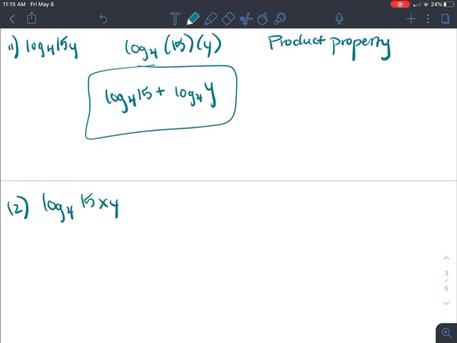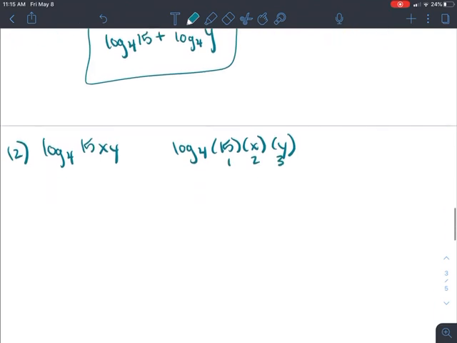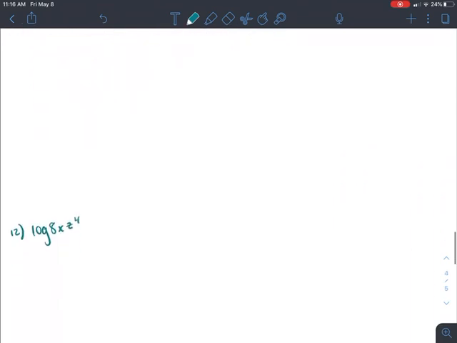This is actually a good question because we see that we've got 3 things multiplying together: 15 times x times y. These can be written as 3 different logarithms. So we've got log 4 15 plus log 4 x plus log 4 y. And that is the answer for that one.